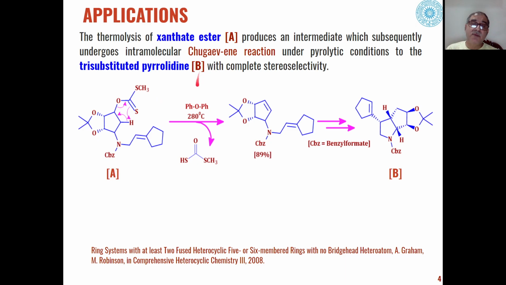So an intramolecular Chugaev reaction takes place to give us alkenes as the product, and this reaction is very important for the synthesis of these types of tri-substituted pyrrolidine derivatives with complete stereoselectivity. So the reaction is an enantioselective reaction where this enantiomer is formed as the product through further reactions.